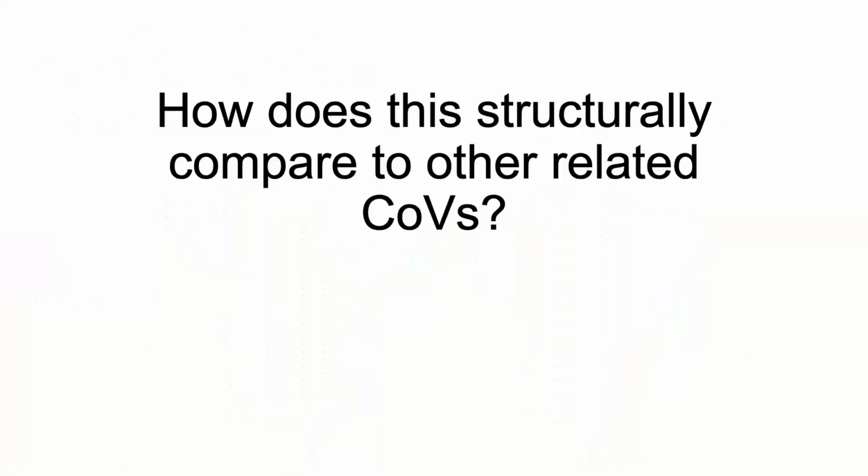Other than that major difference, we really wanted to look at the protein level. SARS-2 is very closely related to the original SARS coronavirus. It's much more closely related to other bat or animal coronaviruses, but from what we had structurally at the time, SARS coronavirus was really the closest spike that it was related to.